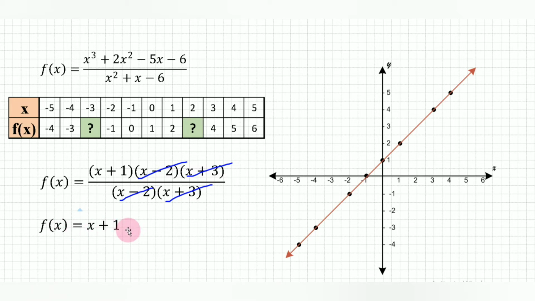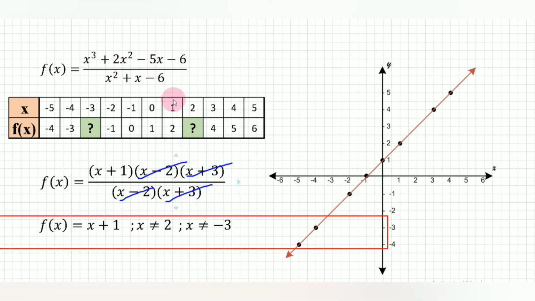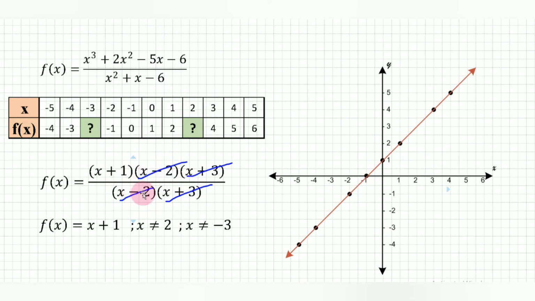So we have another situation where the graph will shape a straight line just like x plus 1, except the difference is we have two discontinuities. If we go back to the original equation, x cannot be 2 and x cannot be negative 3, since it will make the denominator equal 0.